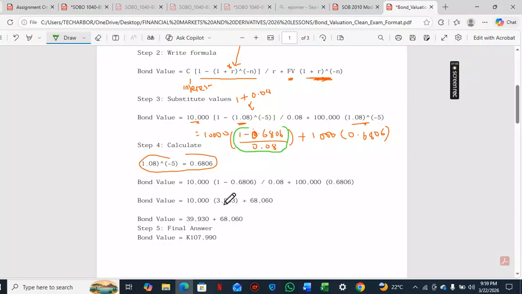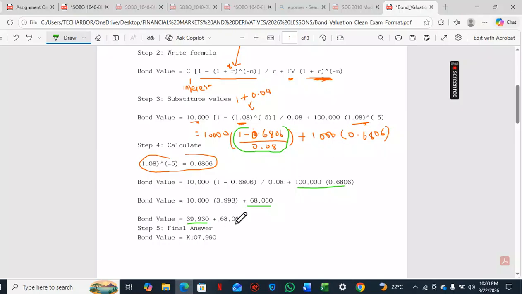you get 3.993. 10,000 multiplied by 3.993 gives 39,930, and 100,000 multiplied by 0.6806 gives 68,060. The 39,930 is the interest that we'll be receiving in all these years, in today's value.